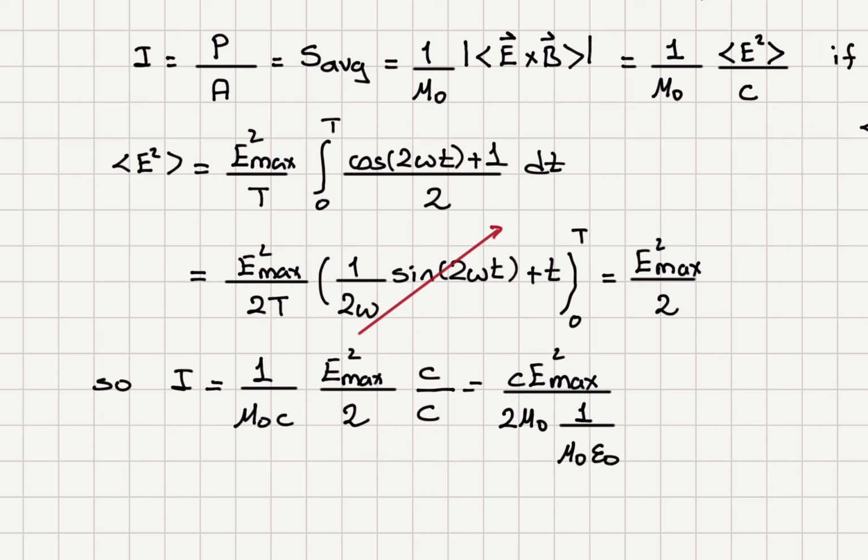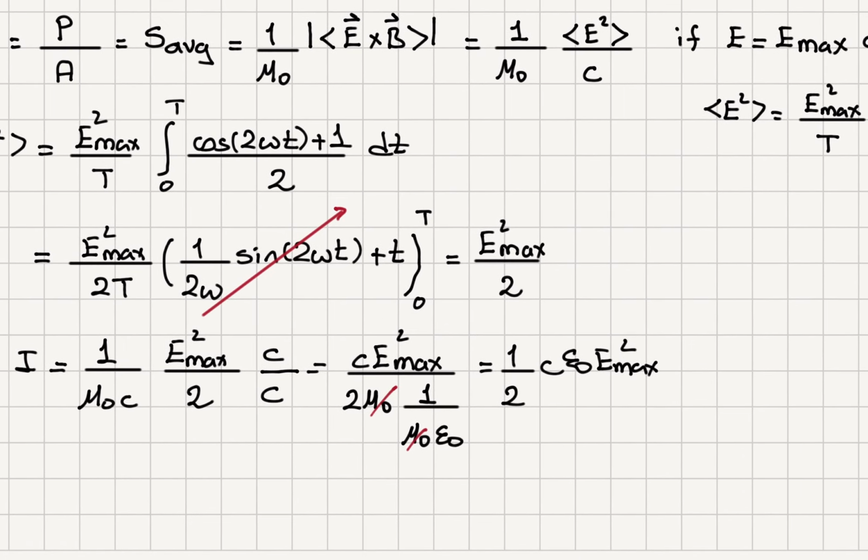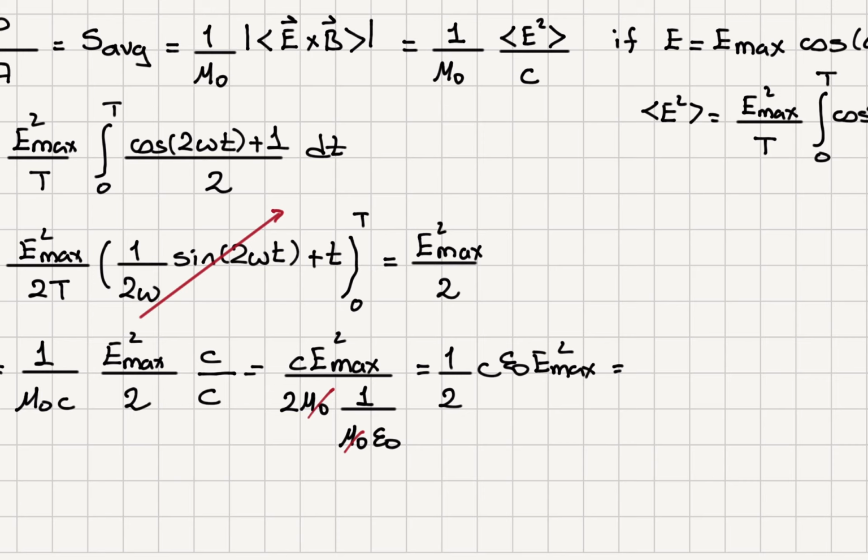The mu zeros will cancel, and I will obtain 1 over 2 c epsilon 0 E max squared, which is nothing but the energy density stored in the electric field multiplied by the speed of light. So c times the energy density, and that's equal to time average power per area.